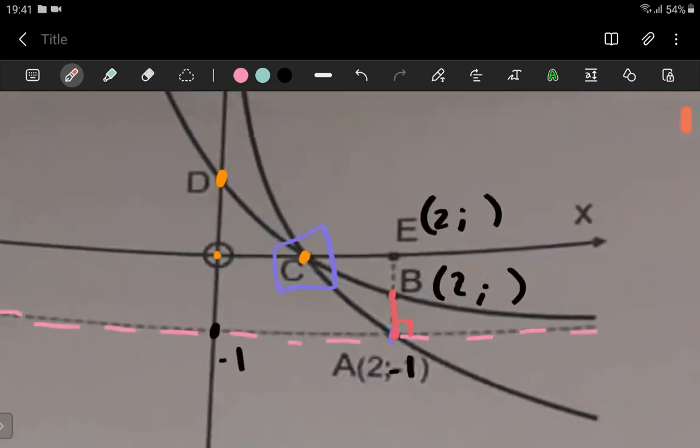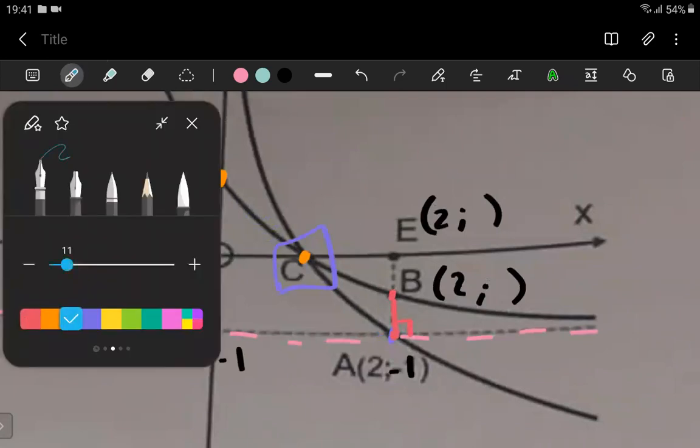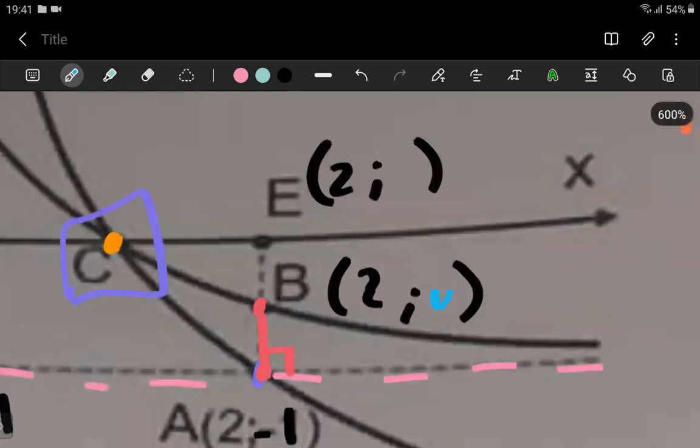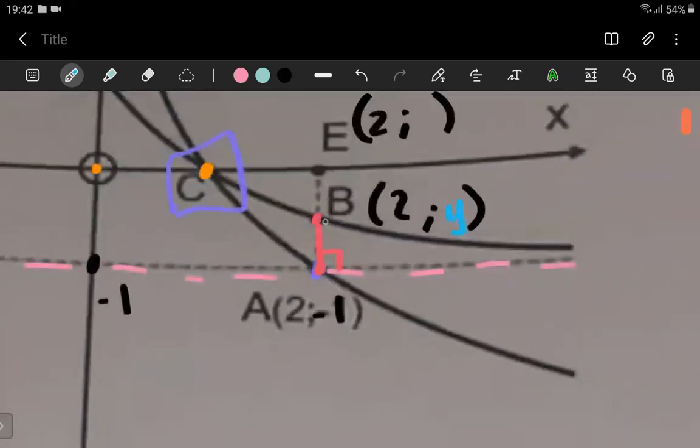Well, not necessarily, right? The reason why they've given us this information is because all they want us to do is keep in mind that if you're going to work out the length of AB, the only thing you need to do is to compare the y values, because these points are aligned anyway.